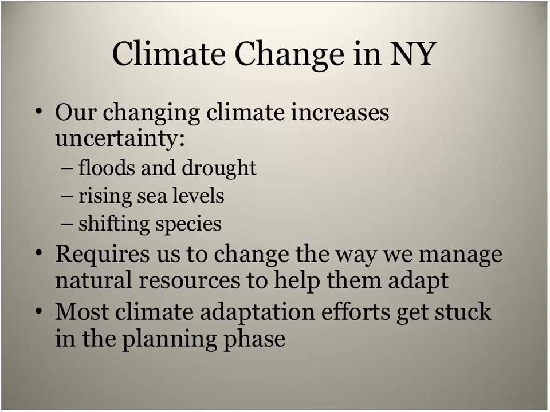We can expect more floods, but also more drought, rising sea levels, and shifting species ranges that all are going to require us to change the way that we manage natural resources and help them adapt to these new conditions. And what we find when we look at how people are preparing for climate change is that efforts to plan for climate change often get stuck in the planning phase due to a lot of uncertainty or lack of information about what to prepare for and how to adapt.